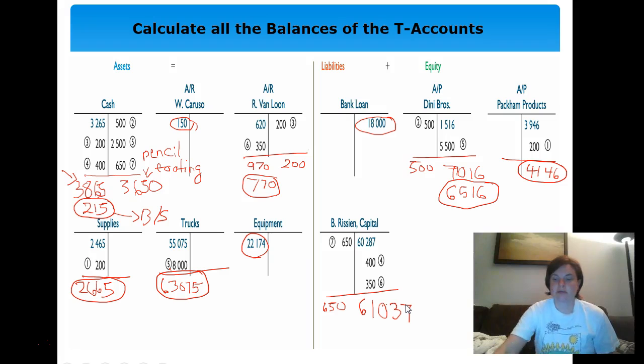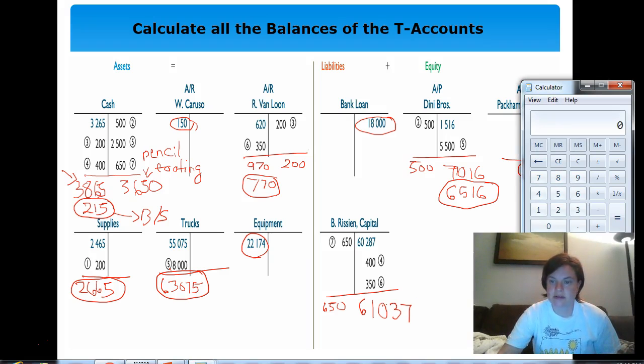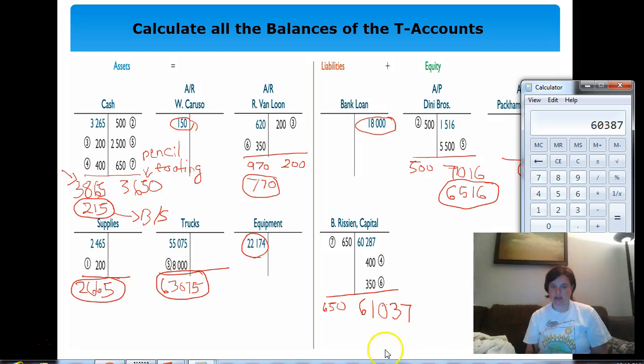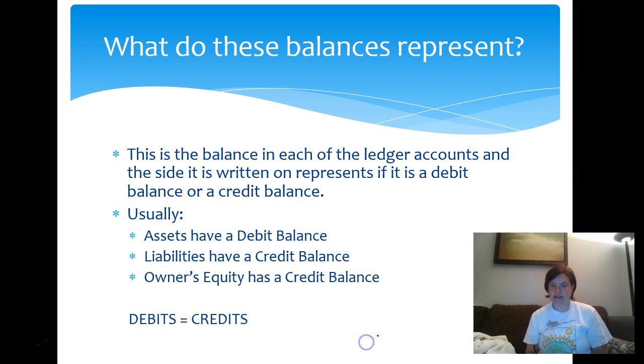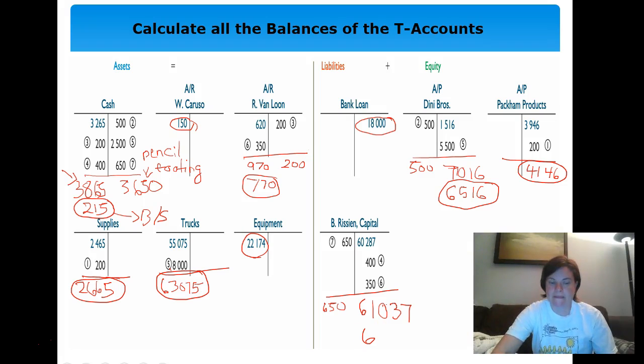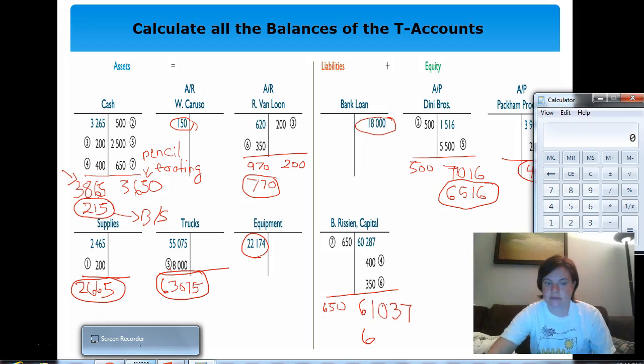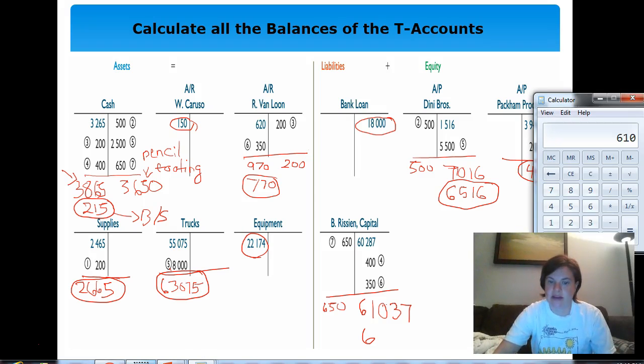Okay, so then we take that value, the 61,037, and we subtract the 650, which gives us a total of 6,000. Oops, back it up. Sorry, I have to do that one again because I hit something.